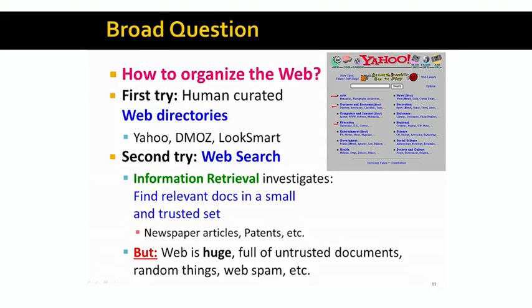And the second thing is that the web is full of untrusted documents, random things, spam, unrelated things, and so on. So the big question on the web is which web pages should we trust? Which web pages are legitimate and which are fake and irrelevant? And this is what we will be looking at today: how do we identify a set of relevant or trustworthy web pages in this huge web graph?